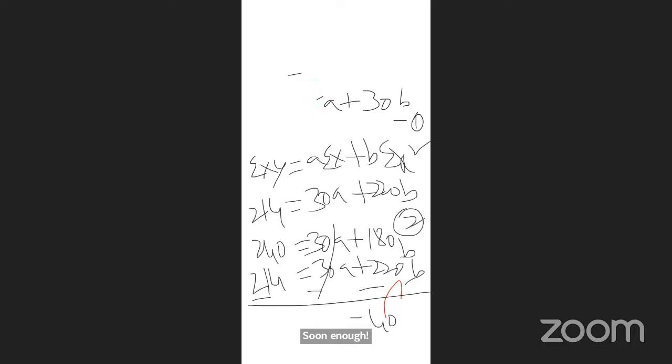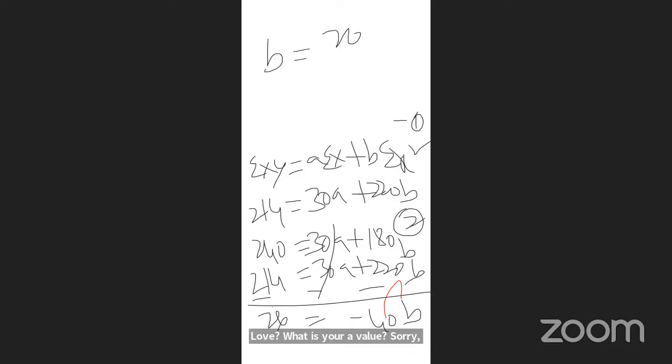So now, what is your B value? B value is equal to 26 divided by minus 40. So this is a minus value.